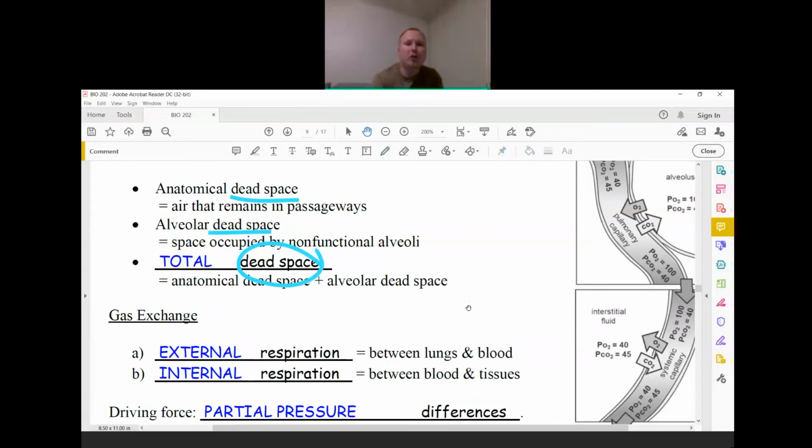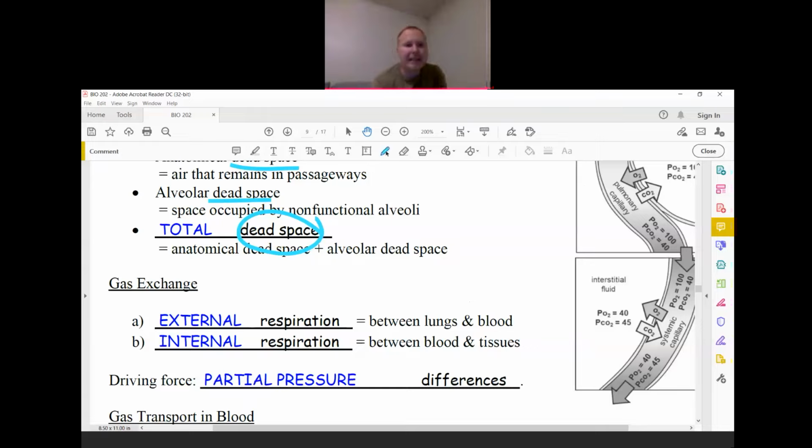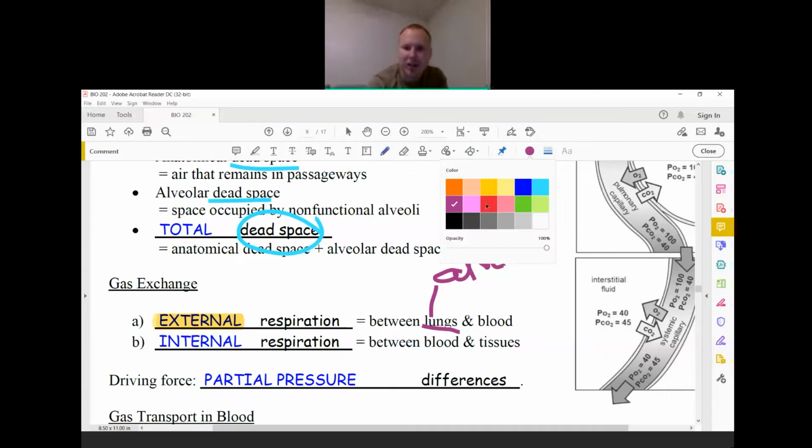And I'm going to go through this concept of gas exchange once more, simply because it is such an important concept. So we remember the external respiration was between the alveoli of the lungs and the capillaries and the blood within the capillaries of the pulmonary circulation.